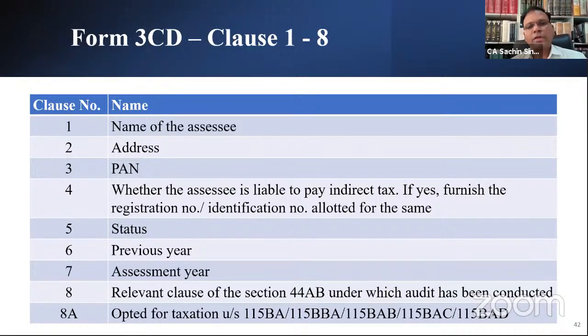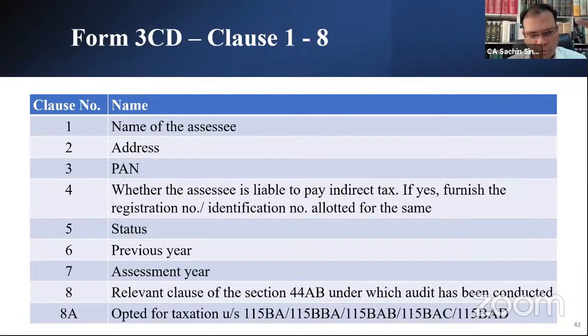While determining so, of course, we have to refer to the relevant sections, notifications and circulars, so that we can determine whether he is liable to tax or not. But as per my understanding, as a tax auditor, we are not supposed to comment on whether he is liable to pay tax or not.